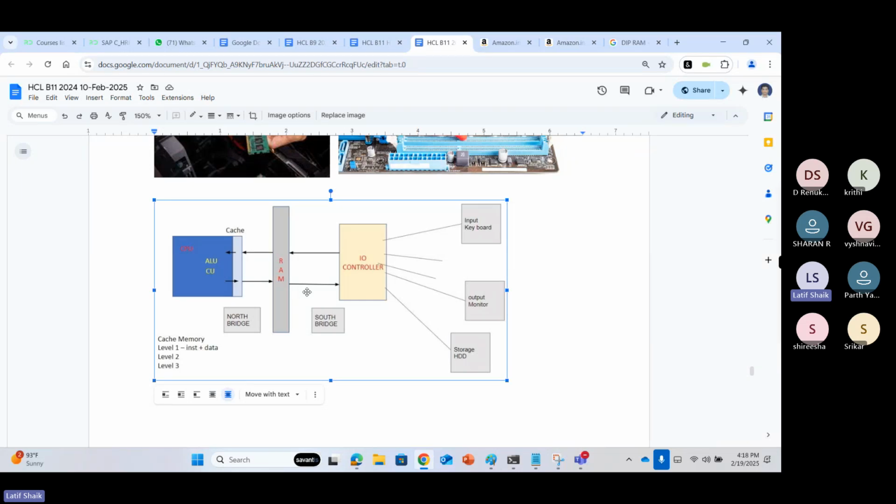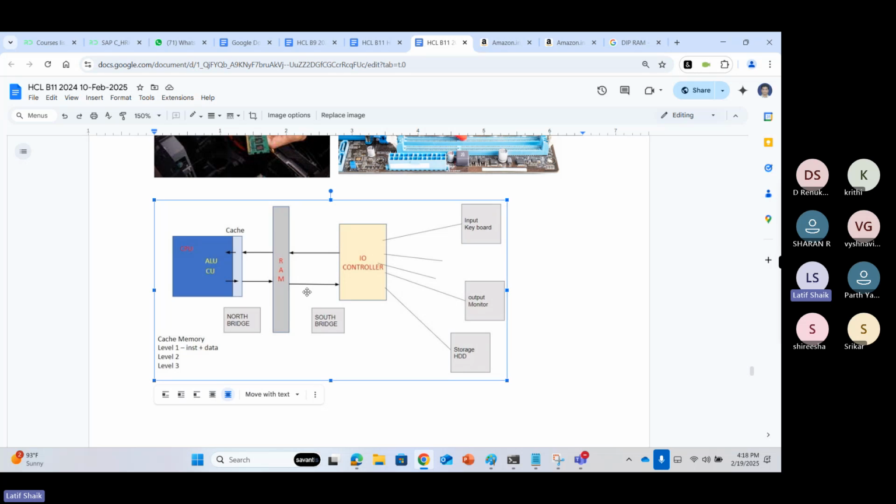I/O controller addressing is also there. If I press a key on the keyboard, it goes to the I/O controller. The I/O controller sends that instruction to the RAM, RAM to cache to CPU. The CPU processes it and gives it through cache to RAM, RAM to the I/O controller, which then forwards it to the related action.